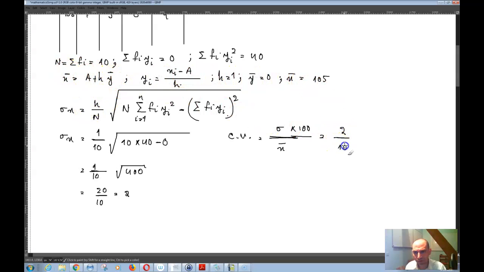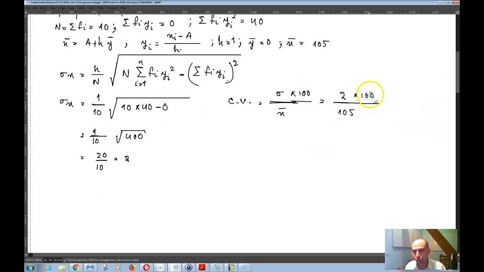Your x bar was 105, times 100. So divide by, for example, 5, you will get 20 times 5 is equal to 100, and then 105 divided by 5 is equal to 21.